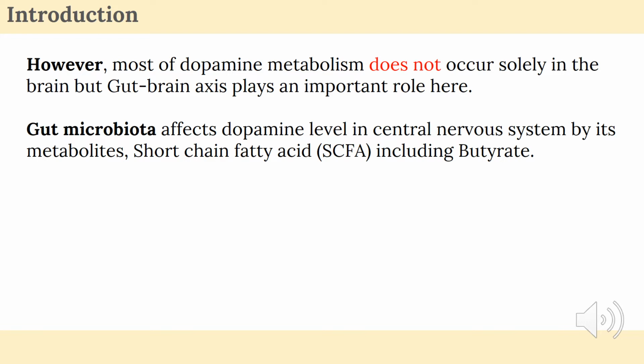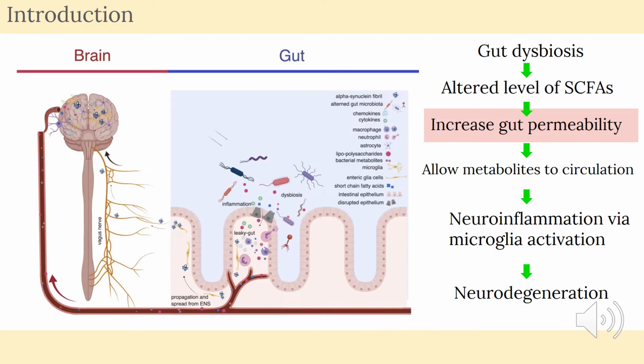But how does this metabolite affect the brain? It starts from gut dysbiosis, which means that the gut microbiota change from their equilibrium. Some dominate and some are diminished. Gut dysbiosis can lower the level of its metabolites, which are short-chain fatty acids, including butyrate.